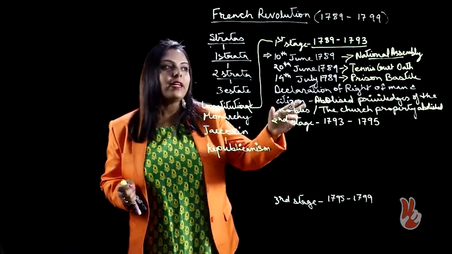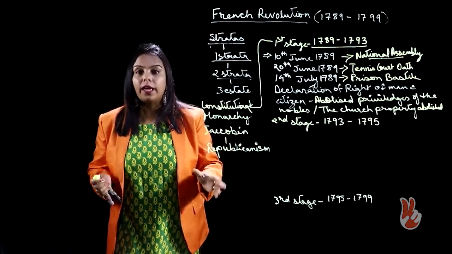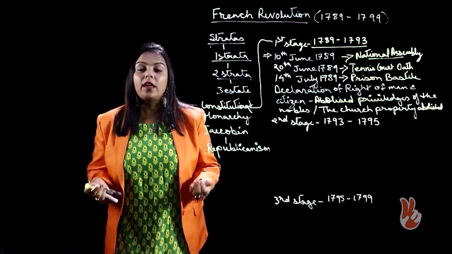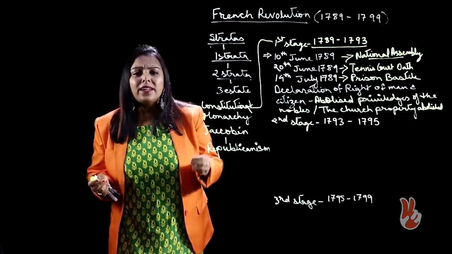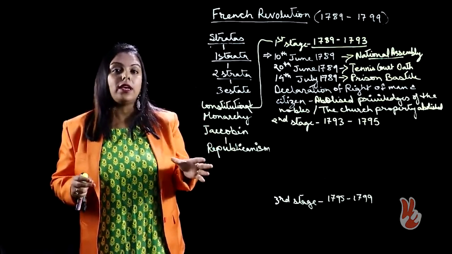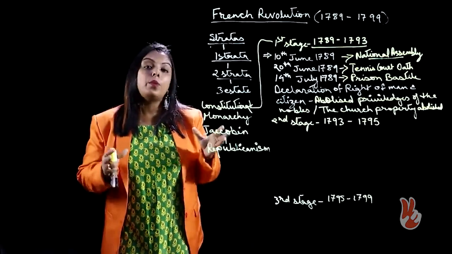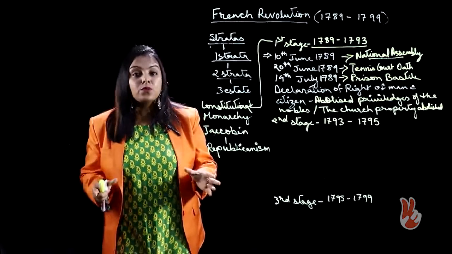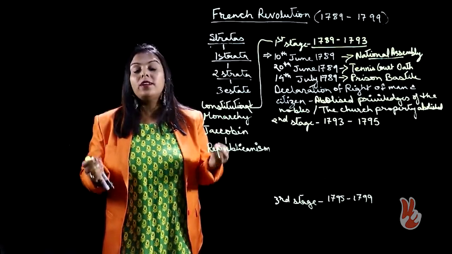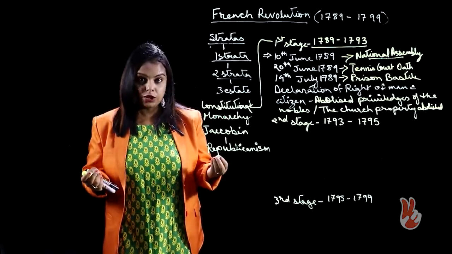From 1792, the Legislative Assembly started working, but the problem was, even after being a constitutional monarch, King Louis XVI continuously tried to interfere in the administrative work, especially in laws where the power of the nobility and their privileges were being curbed. This was not liked by many people, and the next important event was the formation of the First Coalition.